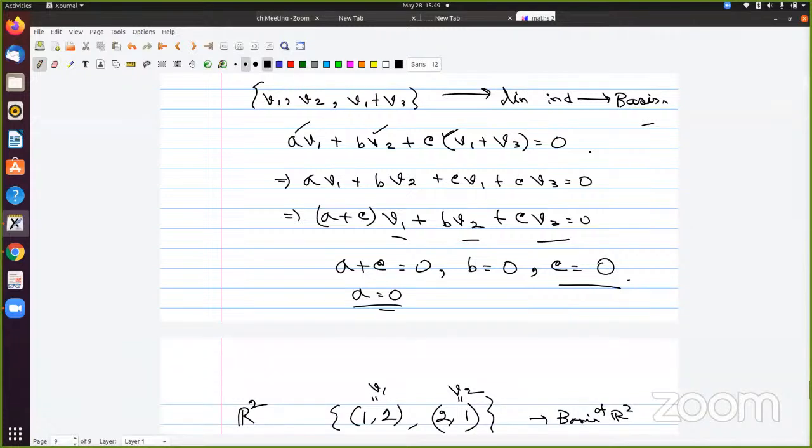Okay, sir, after you go to the standard basis, then what are you doing? Then what is the way to show that these three are independent? Then you have to tell me that. Yeah, it should be homogeneous. It will become very simple then. But in this case, you have to get back to V1, V2 and V1 plus V3, right?